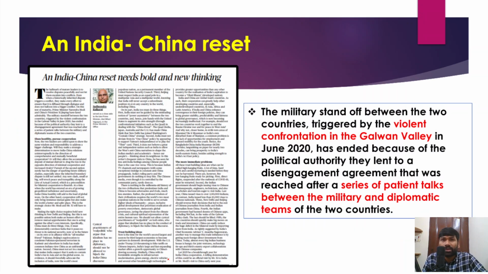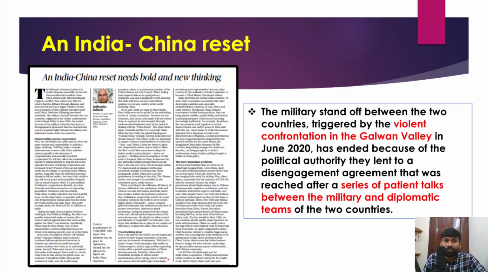We all know that India-China relations are conflictual in nature, particularly with respect to the border issue, the line of actual control. In fact, in 2017 there was the Doklam conflict near the tri-junction of India, China, and Bhutan, and the Galwan clashes in the year 2020, where around 20 Indian soldiers were martyred.